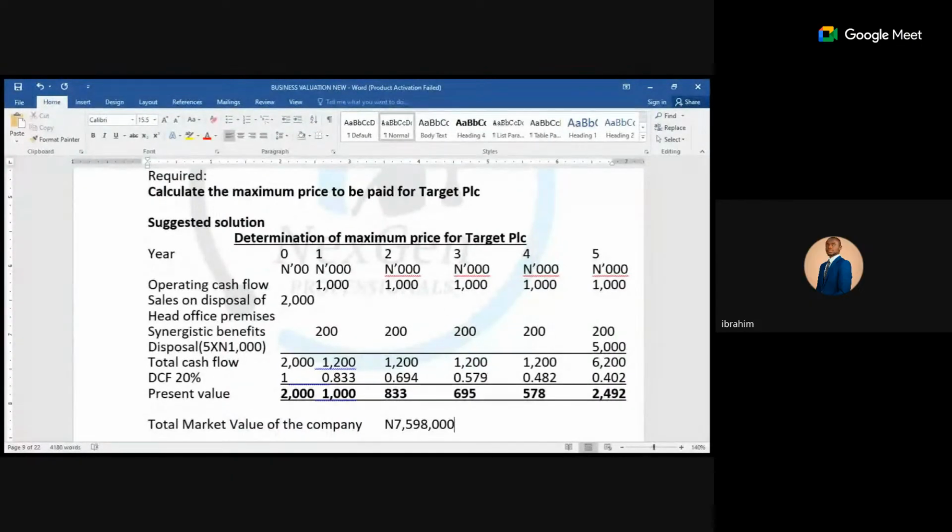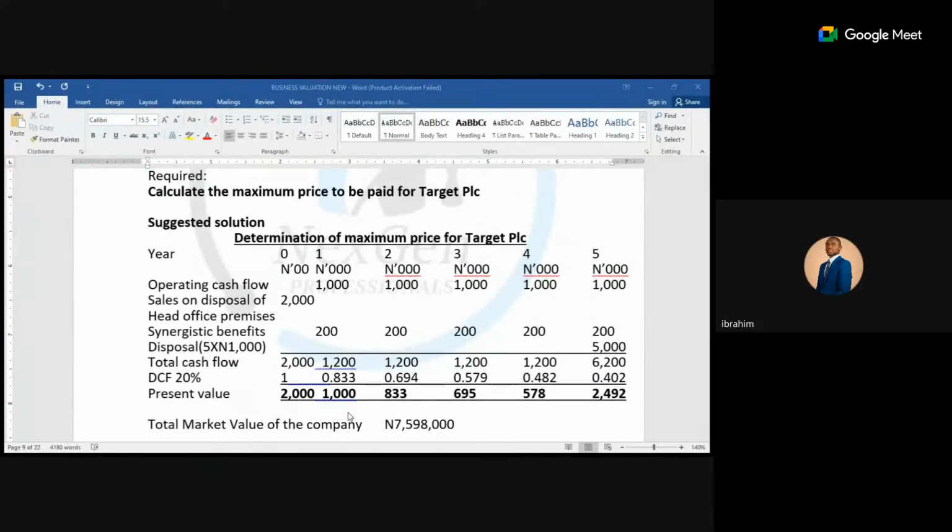Now, class, this answer that we got here would have been the total maximum price or the maximum value that TK will pay for Target PLC. But guess what? The total market value we have here is for the company. When I say total market value of the company, it includes both equity and debt.